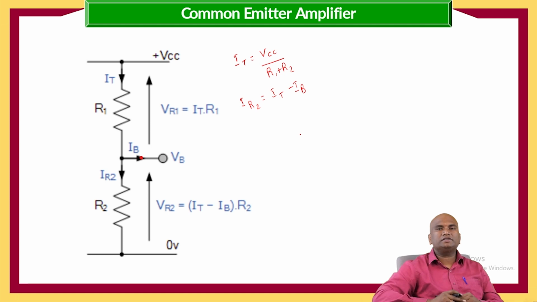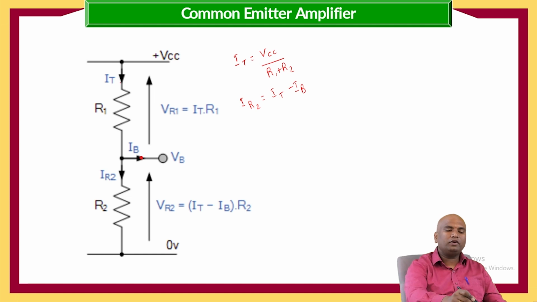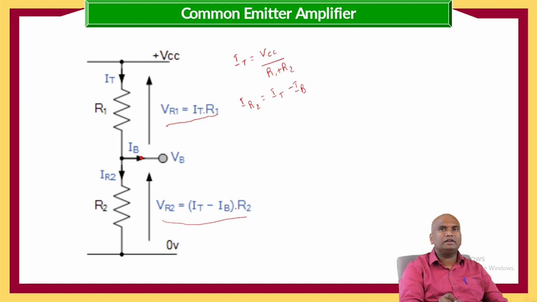So the voltage across R1 and R2 is equal to the current flowing through that particular resistance multiplied by the resistance. So VR1 equals IT into R1, and VR2 equals IT minus IB into R2. Like this we are going to get VR1 and VR2 values.